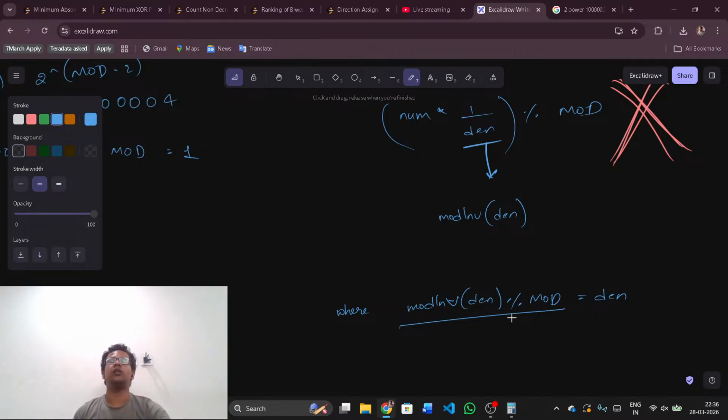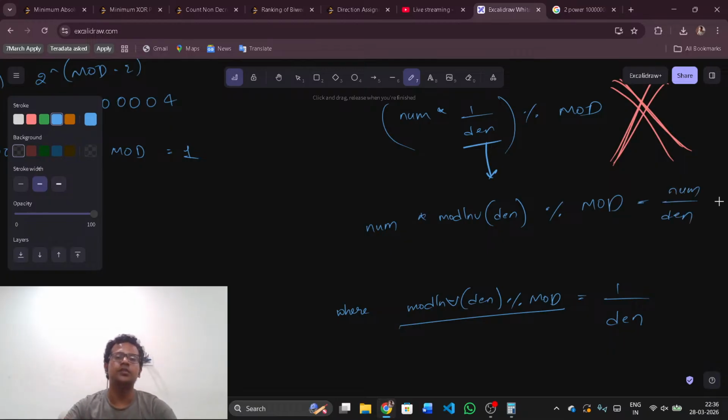Modular inverse of denominator modular mod will give me 1 by denominator itself. So that I'll just multiply it with num, and doing modular of mod will give me exactly num by denominator itself. So that's how we can solve it.